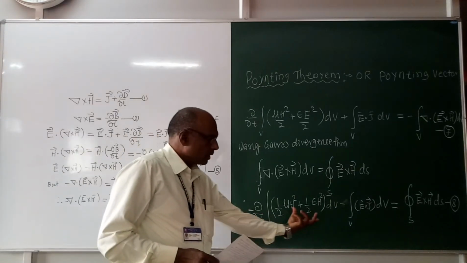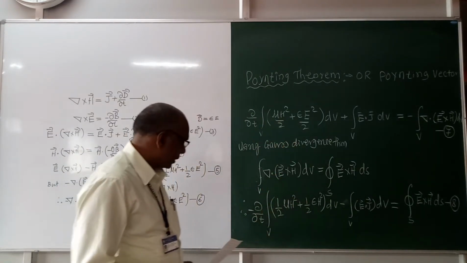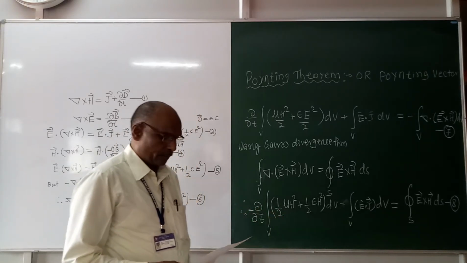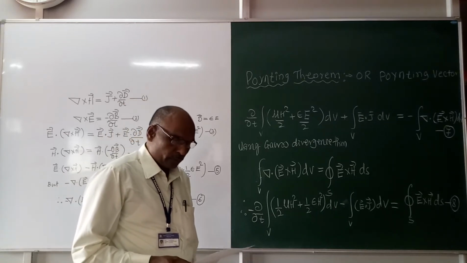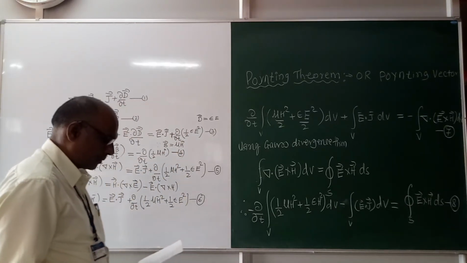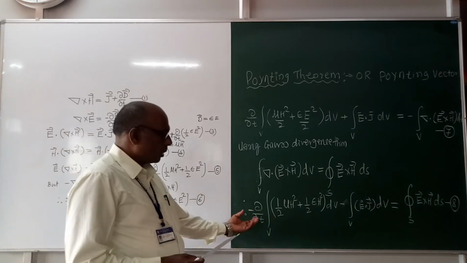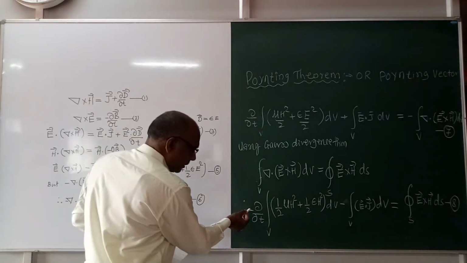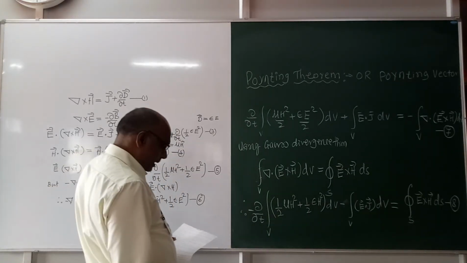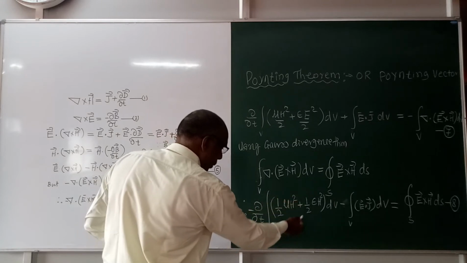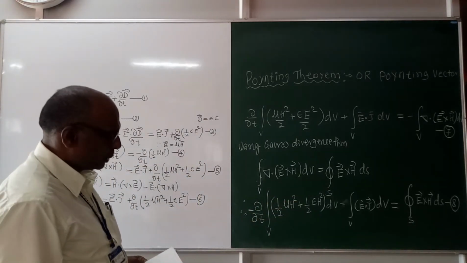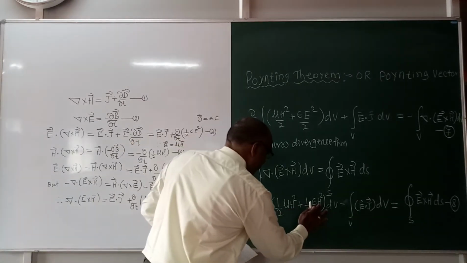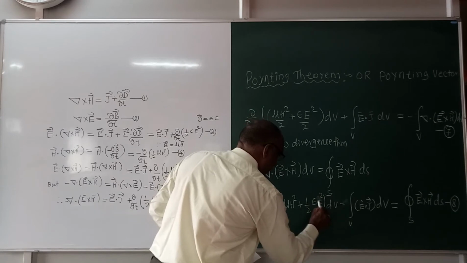The first term on the LHS of equation 8 represents the rate of decrease of energy stored in the volume V due to electric and magnetic fields.